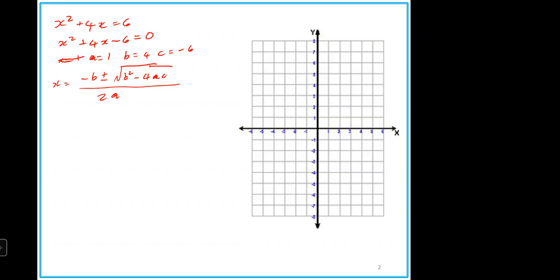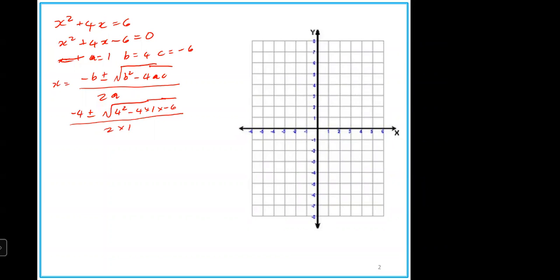And so minus b would be minus 4 plus or minus the square root of 4 squared minus 4 times 1 times minus 6, all over 2 times 1.